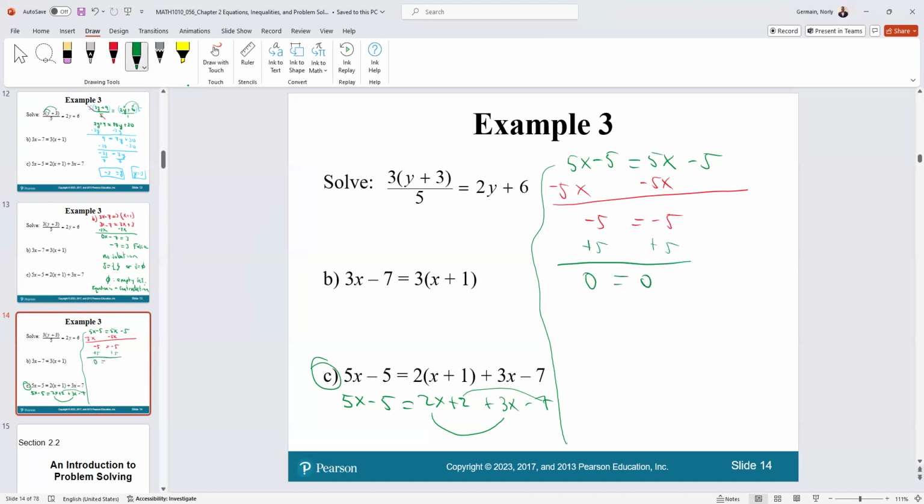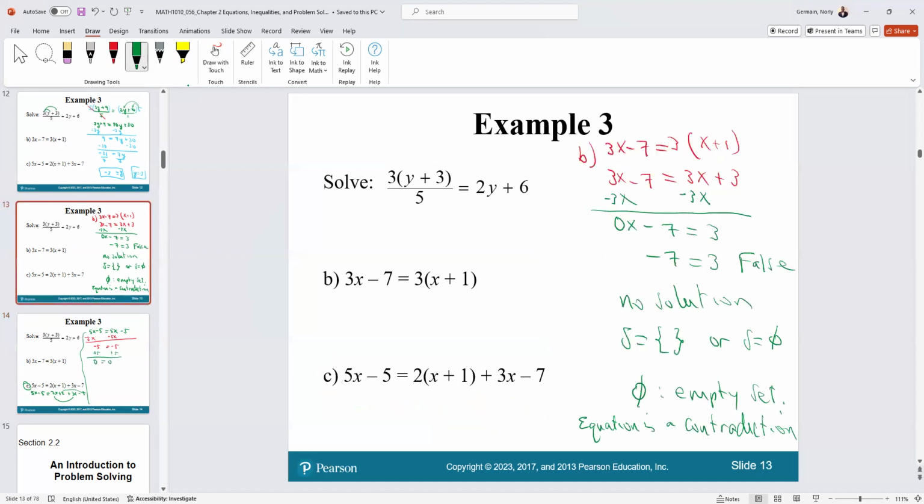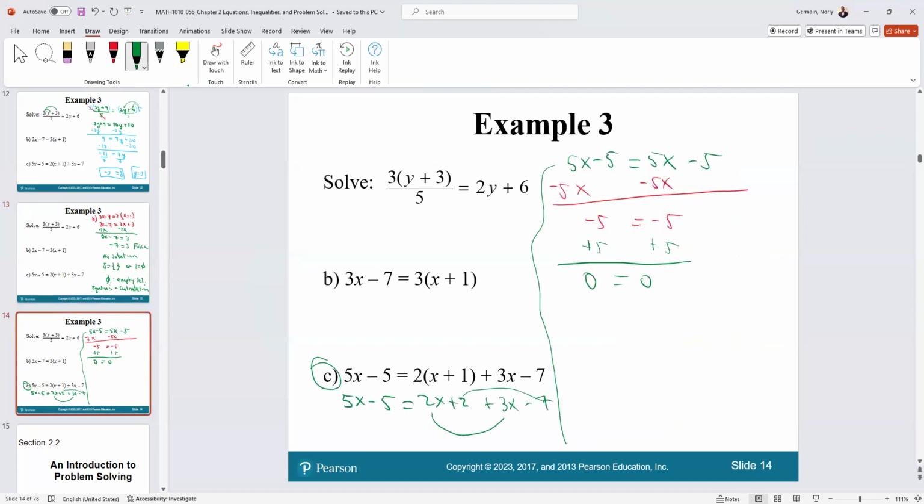You see what happened? Now, do you think the previous equations, B and C, are equivalent? Is that a contradiction? No, it's not a contradiction, because it's not like you have a false statement.